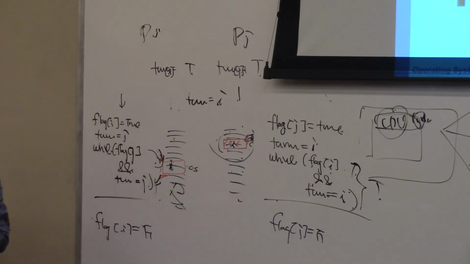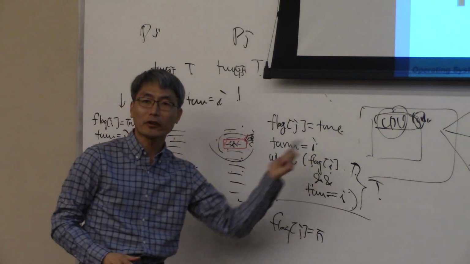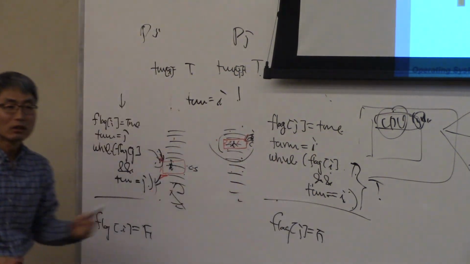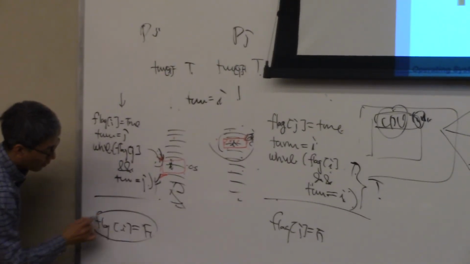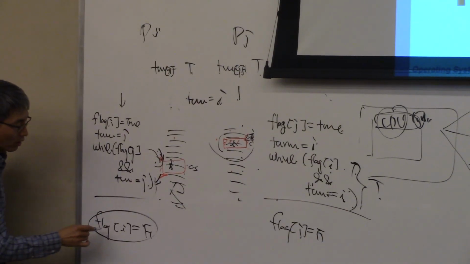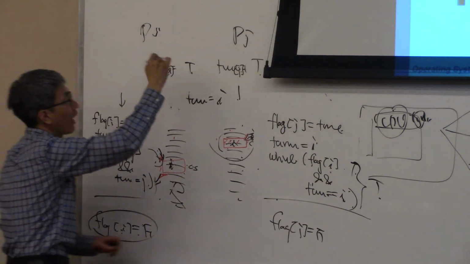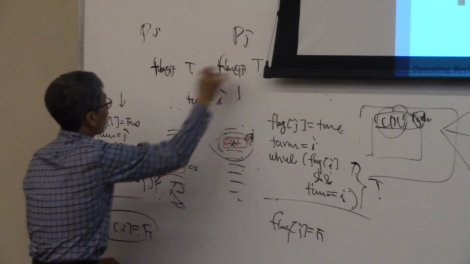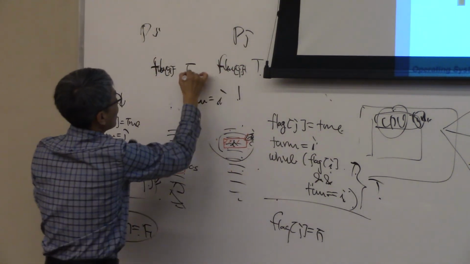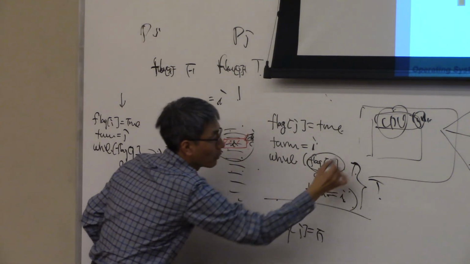Process J cannot exit the while loop because of this, so it keeps running until it can exit. When process I is done, flag I is set to false. Then during the while loop, this condition will be false.